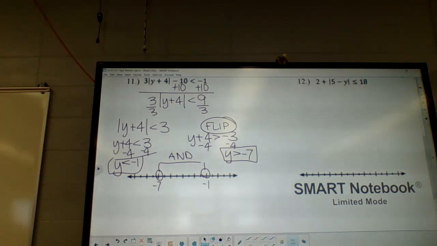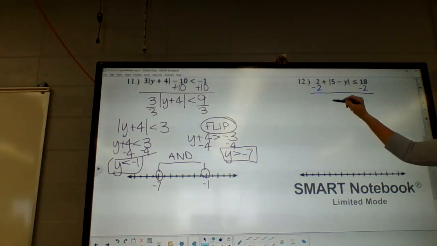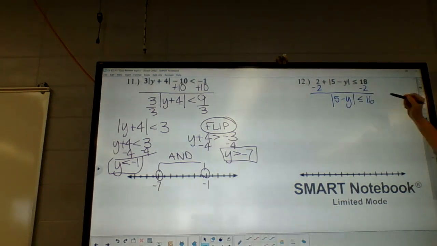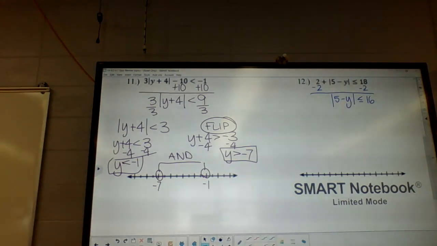All right, our next one. To get the absolute value alone, we have to move that 2 over first. I'm going to warn you guys on this one, there's a lot of flipping of the inequalities. We're going to end up flipping the inequalities 3 different times in this problem.